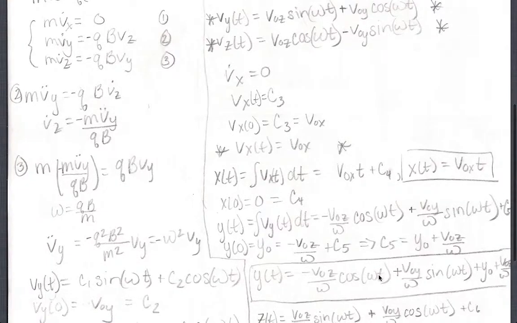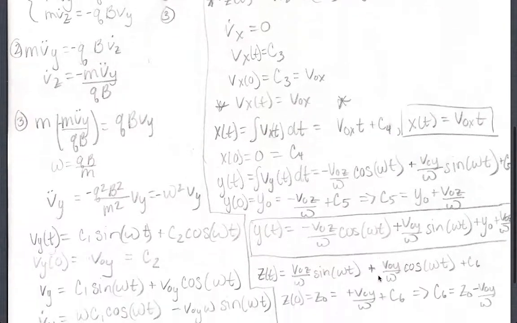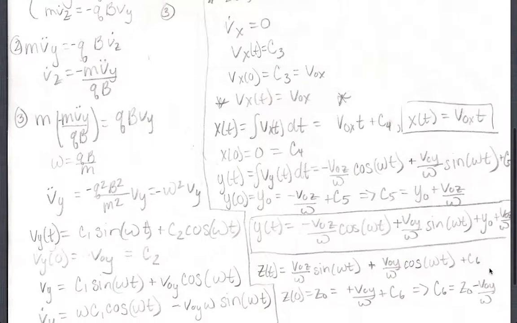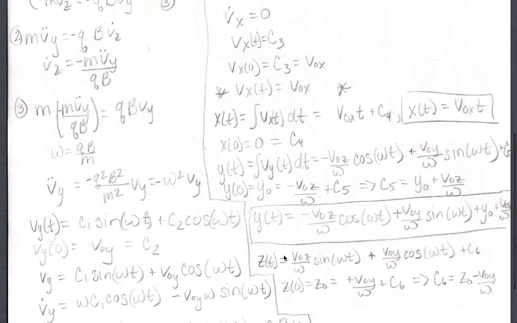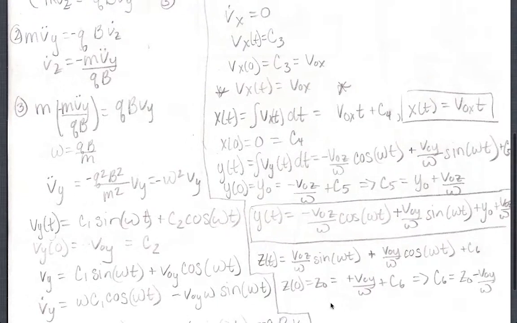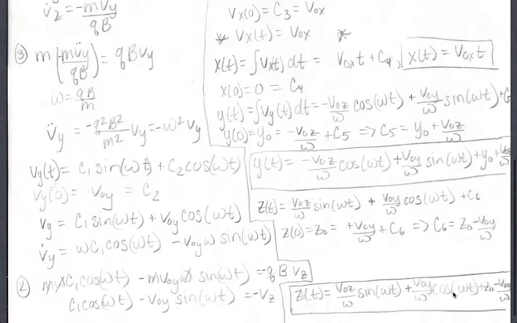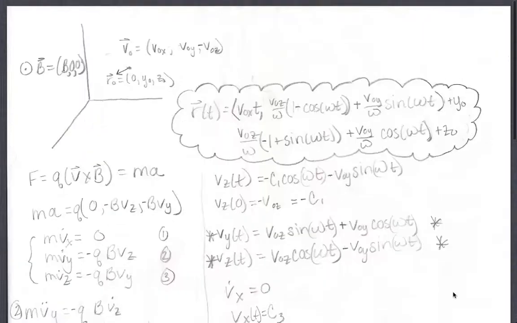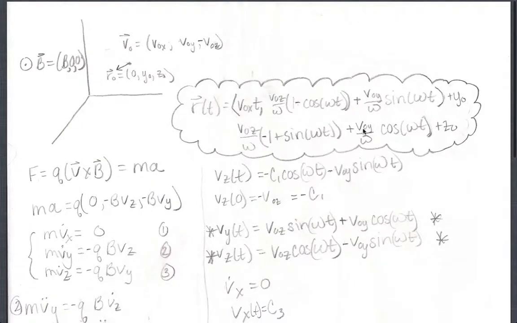And so now we have an expression for y of t. And the same process for z of t: integrate the velocity in the z direction and get an expression for that constant. And then all in all, you can get this whole equation for each component of the position vector.